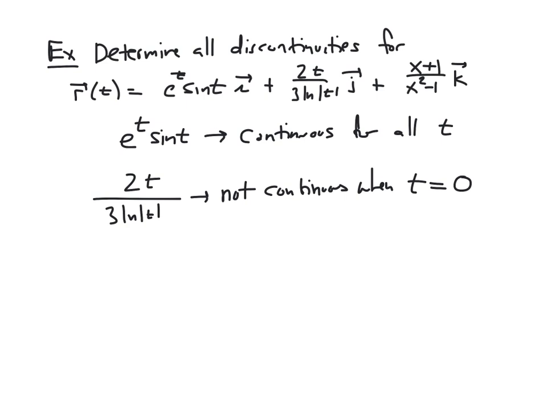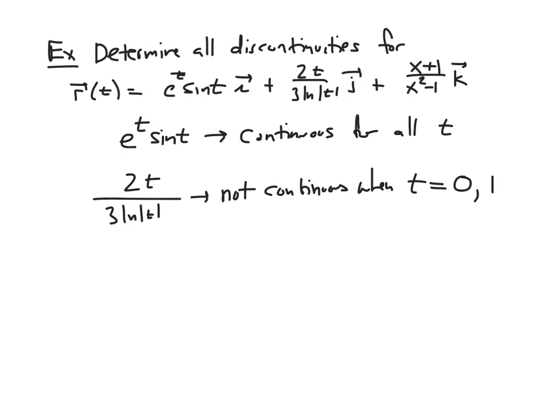and so when t is equal to 0, we get an undefined denominator. Now, in addition to this, we also have a fraction here, which means we have to make sure the denominator is not equal to 0. And so natural log of t is equal to 0 when t is equal to 1. So we cannot have t equal to 1 in this case, because if we evaluated at 1, we would get 2 in the numerator and 0 in the denominator.